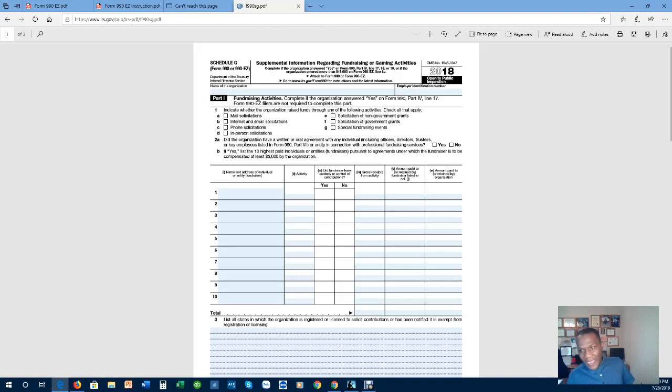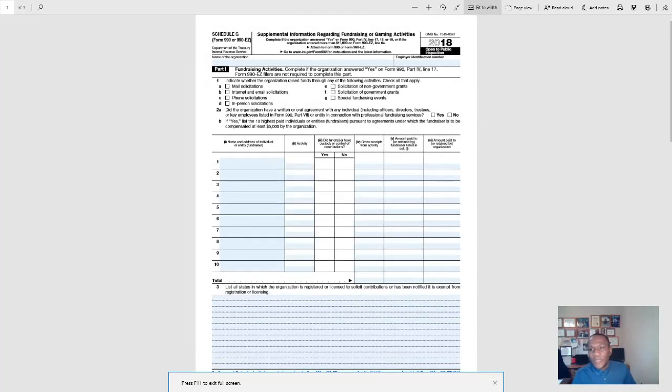You will indicate that. Solicitation of non-government grants, solicitation of government grants, special fundraising events like concerts or maybe a cookout or anything in that nature. And so therefore, the question in Section 2A indicates: did the organization have a written or oral agreement with any individual, including officers, directors, trustees?